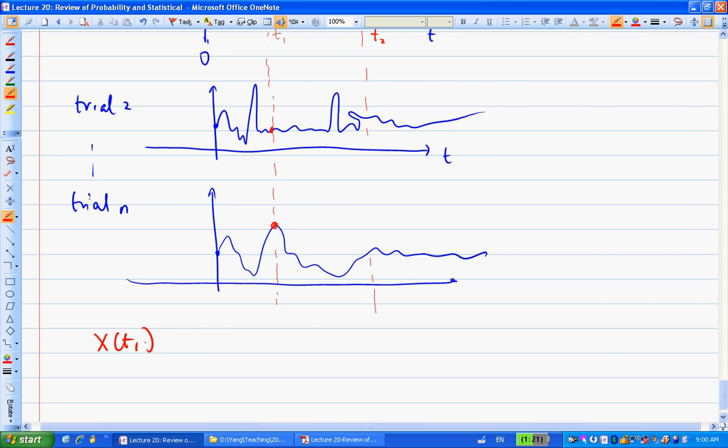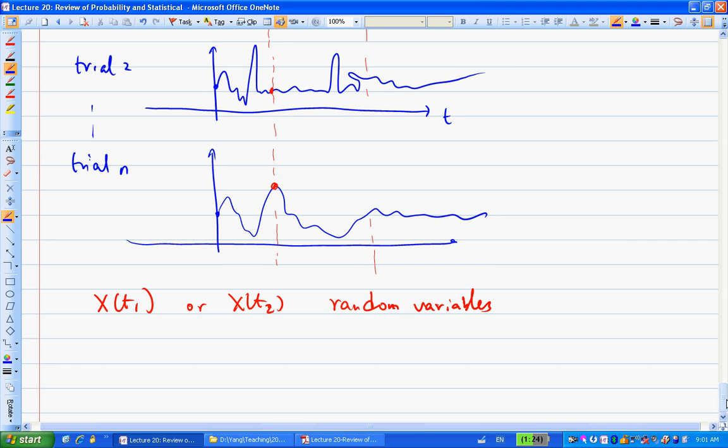So x of t1 or x of t2 are random variables here. And if they're random variables, then technically there should be a probability density function associated with each random variable.